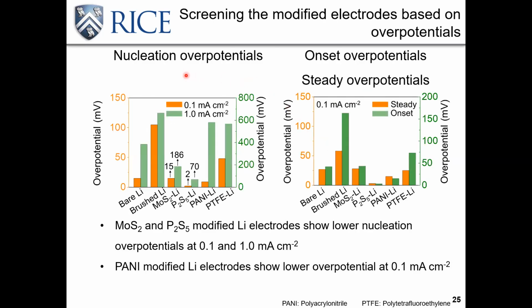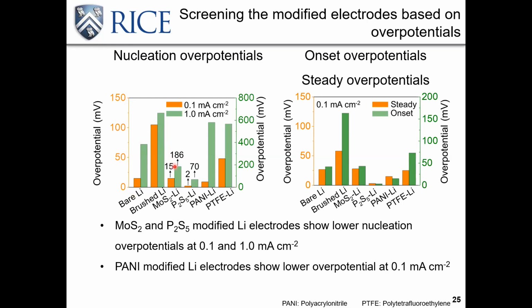So as you can see, we tested at 0.1 mA per square centimeter, which is a very low current density, and 1.0 mA per square centimeter, which is a practical current density, as shown here.